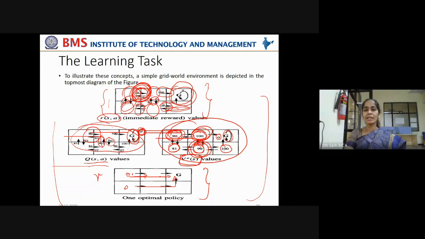It is given 90. But if it is moving again in this direction towards the goal, it can now accumulate the reward as 100 because it has taken an optimal step. Further, it goes to the goal state, and from this state, it can't accumulate any rewards because that is the final state and the absorbing state. That is why the reward that can be accumulated here is just 0.